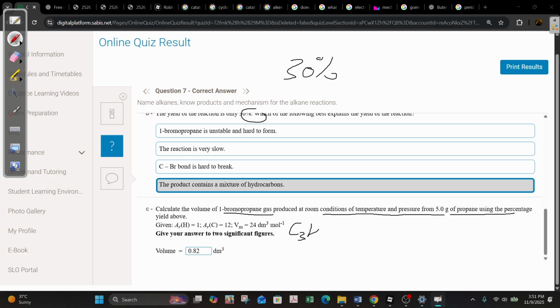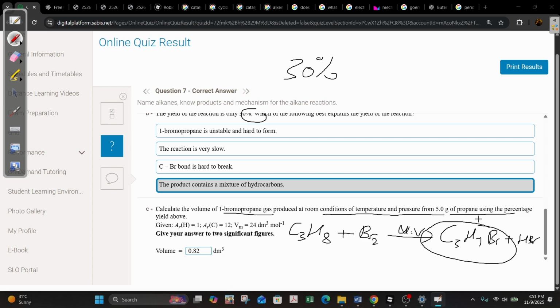We have C3H8, an alkane, reacting with bromine in the presence of UV, and it will produce C3H7Br plus HBr. The reaction is already balanced, you don't do anything. Now we want to find the volume of C3H7Br that has been formed.